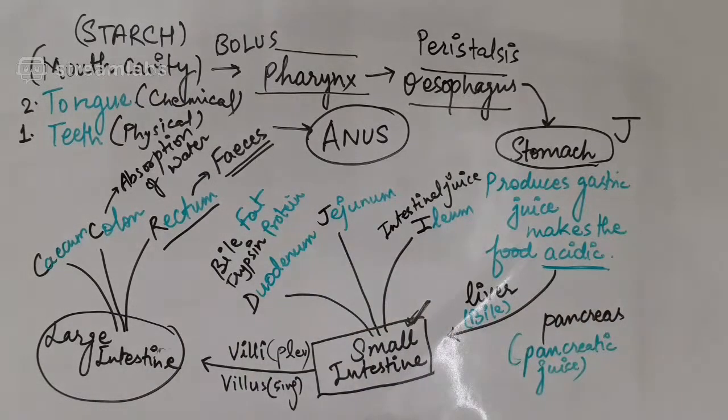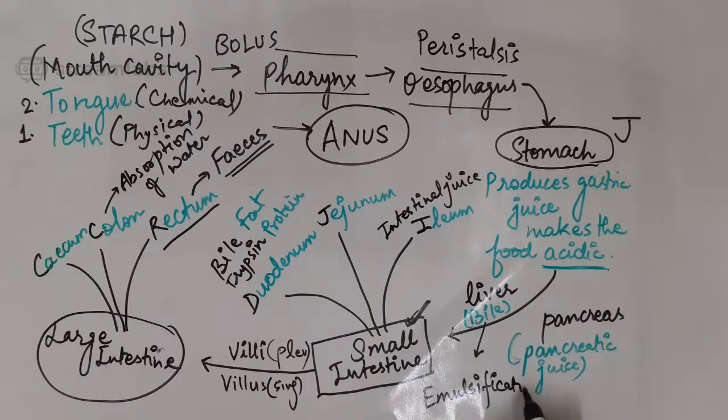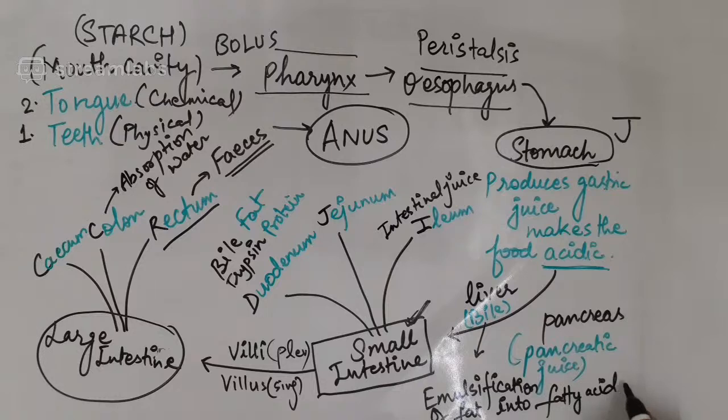But this is the fact where the path of food inside the alimentary canal is shown. The liver is the largest organ inside the body which releases the bile juice, and bile juice does the work of emulsifying, the emulsification of fat into smaller units called fatty acids and glycerol, from which fat is made.